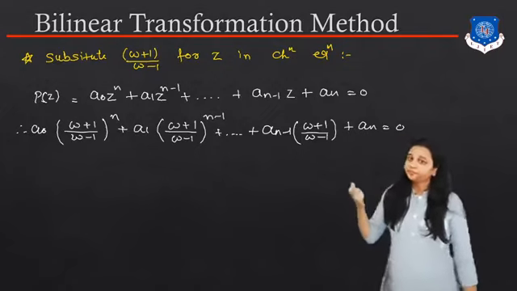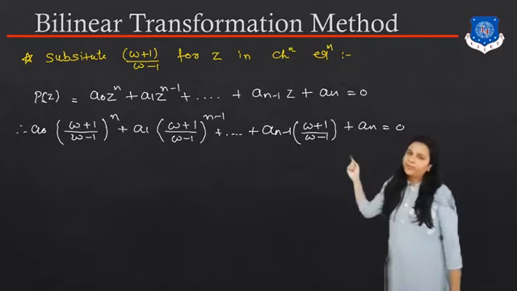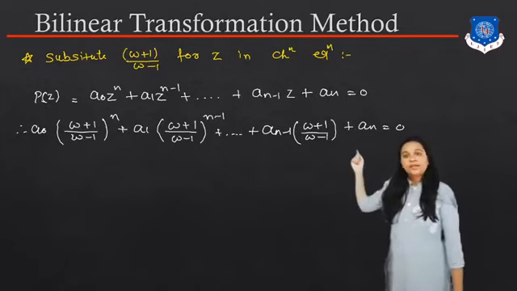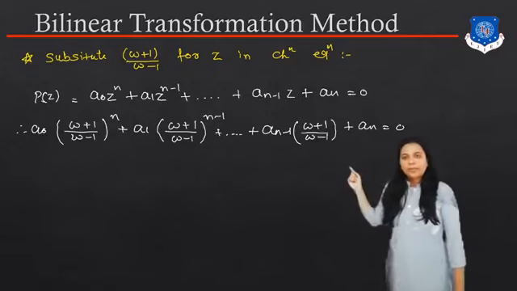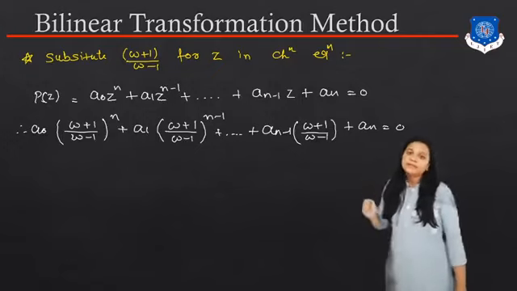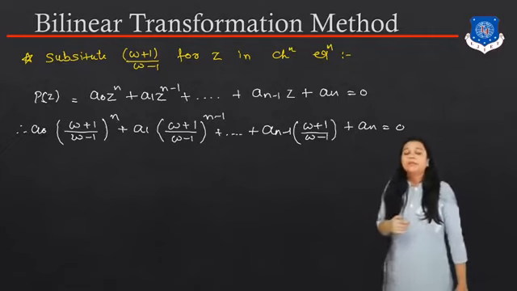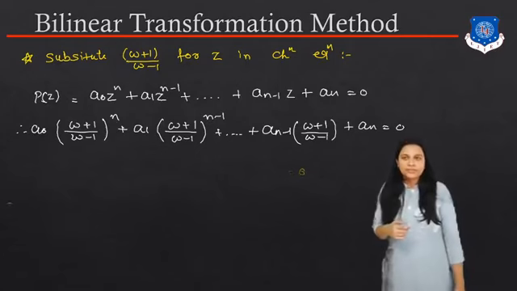We can get a0 ((omega plus 1)/(omega minus 1))^n plus a1 ((omega plus 1)/(omega minus 1))^(n minus 1) plus ... plus a(n minus 1) (omega plus 1)/(omega minus 1) plus an equal to 0.